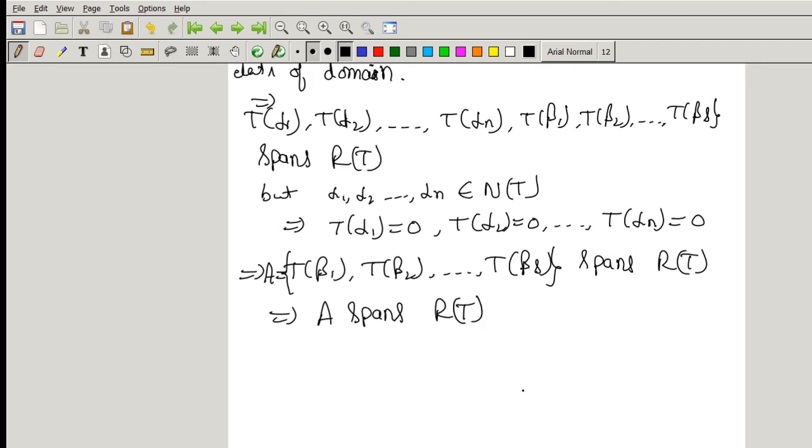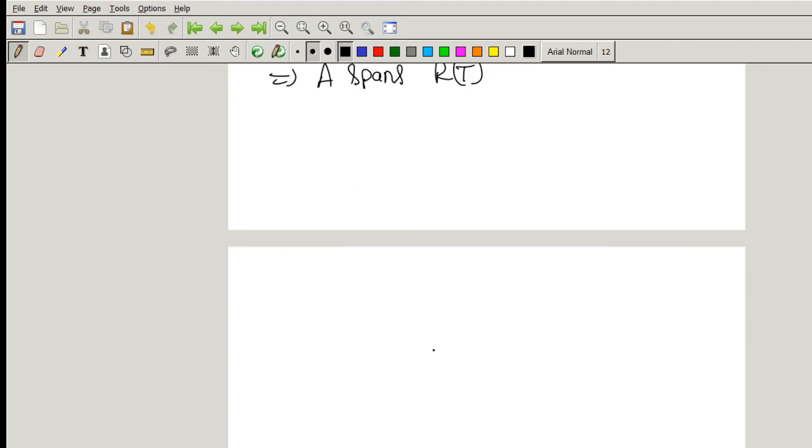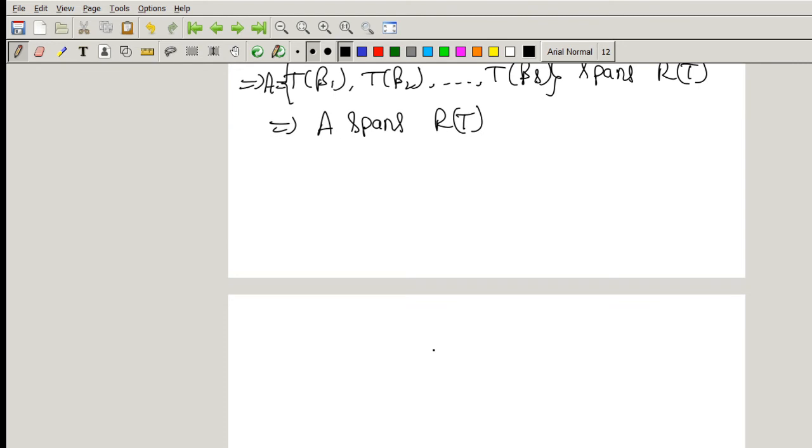Now we have to check whether this set A is linearly independent. So A is nothing but this set.